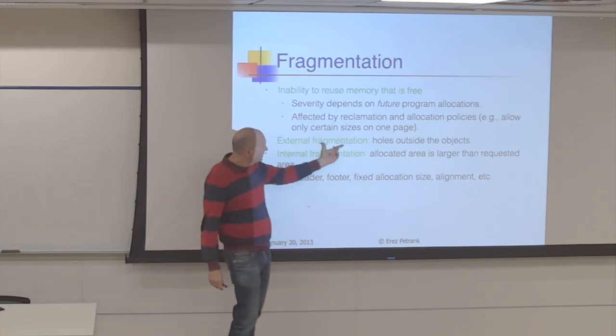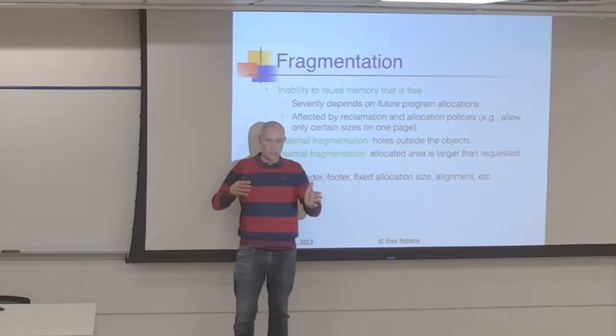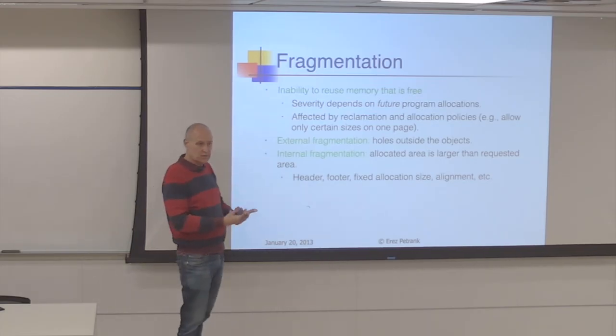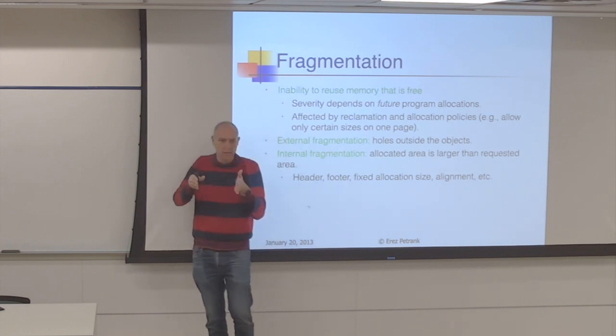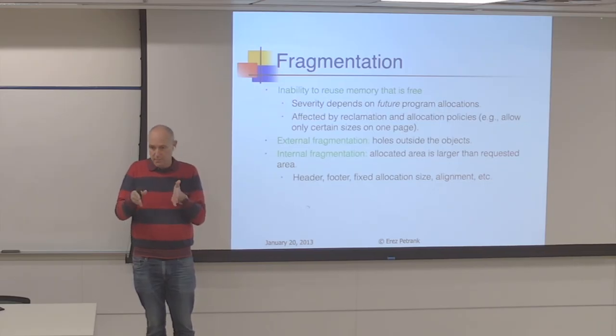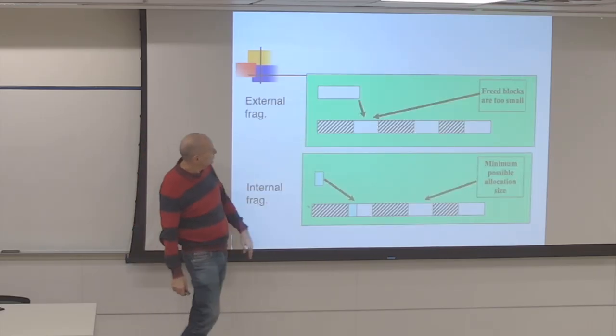So external fragmentation is that you have holes between objects and they're too small to allocate. Internal fragmentation is that you have a fixed smallest area you can allocate in, and what you actually need is smaller than that. So you allocate a space for an object, but you don't use all the space you allocate. Here is a drawing.